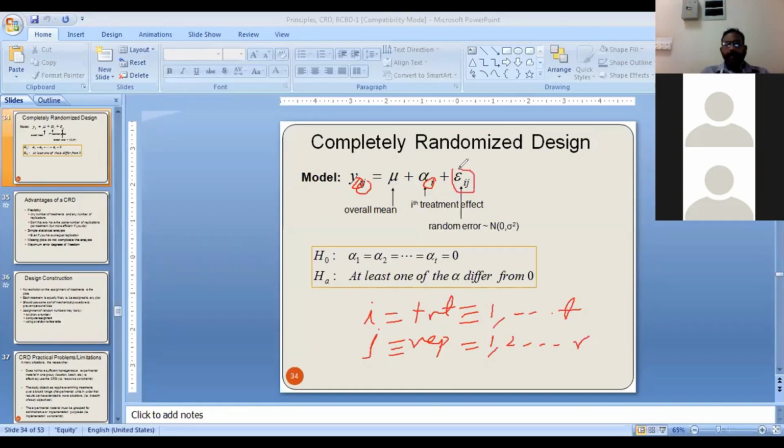This is the error term. The error term is specific to one particular treatment unit and replicate.